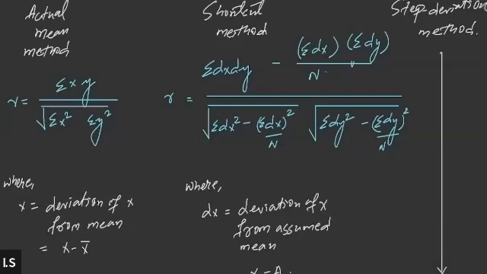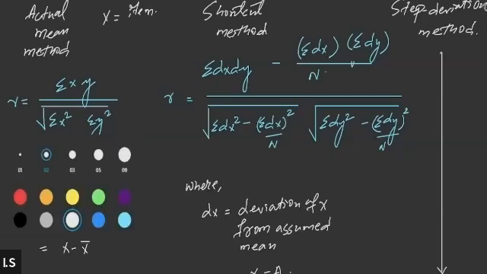Here you are seeing that it is written sigma x and y. So first of all, let's try to understand what we mean by x and y. See, x usually means the item or the variable that is given in the question.